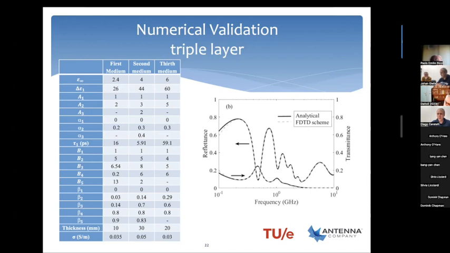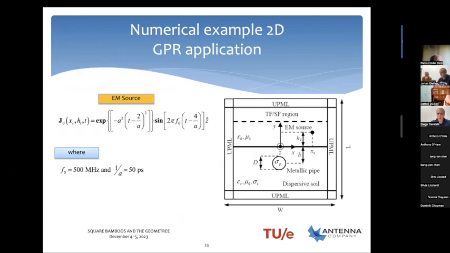So accuracy is pretty good. Given these results, and after making sure that the model we have developed is accurate, we can consider more complex examples that unfortunately cannot be solved analytically.